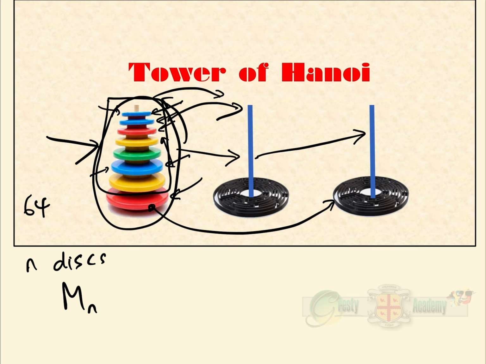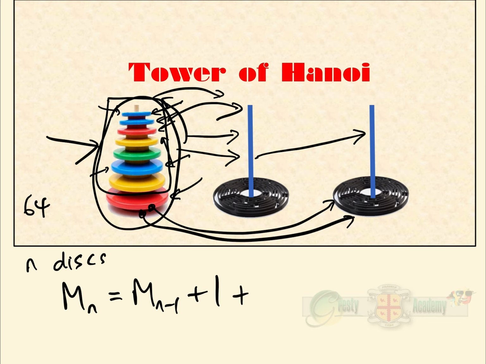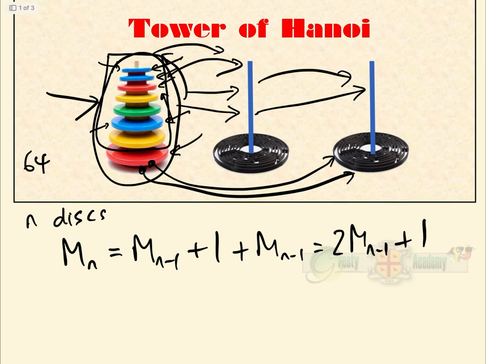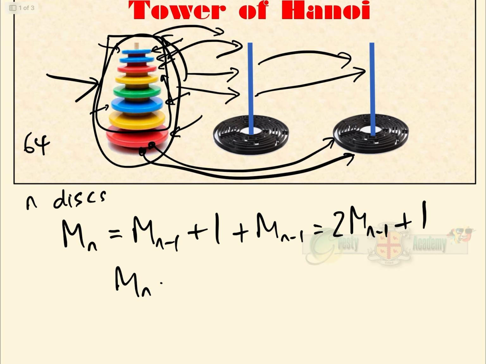The minimum number is equal to the number of goes it takes us to move n-1 discs across to that pole, plus 1, which is moving that bottom disc across there, plus the number of goes it takes us to move the n-1 discs across there, which is plus m(n-1) again. And that equals 2m(n-1) add 1. And we have here now a recurrence relationship, namely mn equals 2m(n-1) add 1, which we can solve.